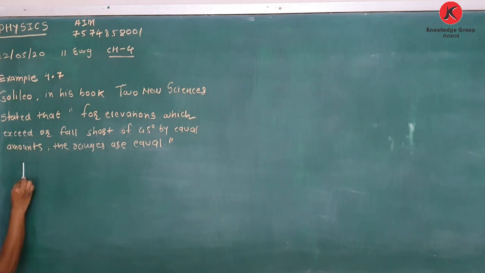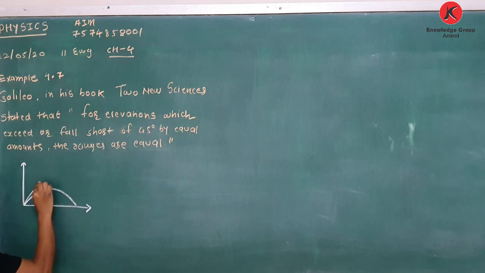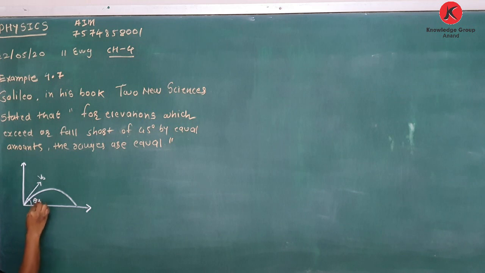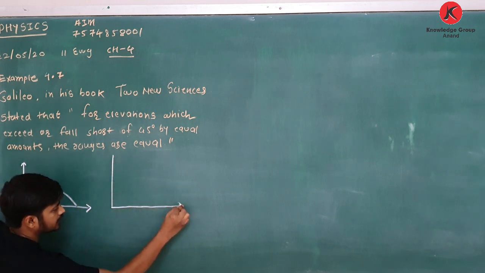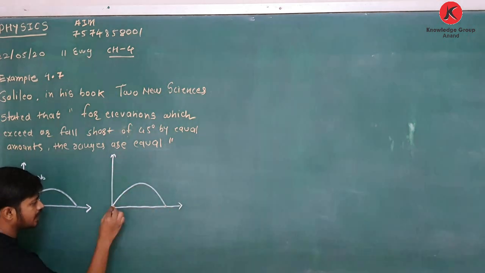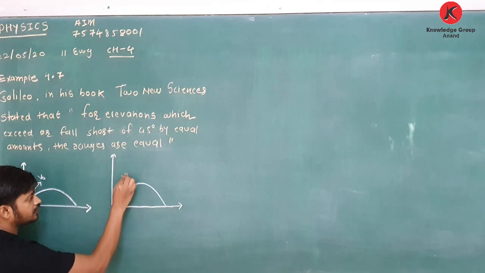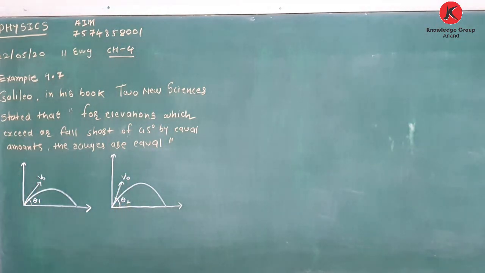See, here it is. First case, object is thrown with initial velocity v0 at angle theta 1. Second case, object is thrown with initial velocity v0 at angle theta 2.